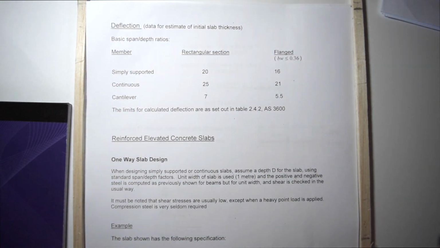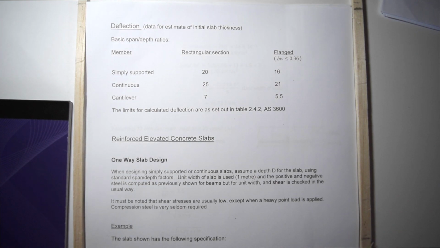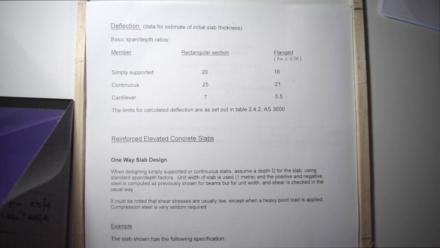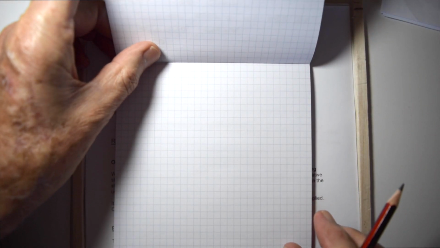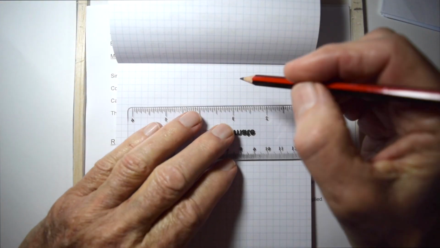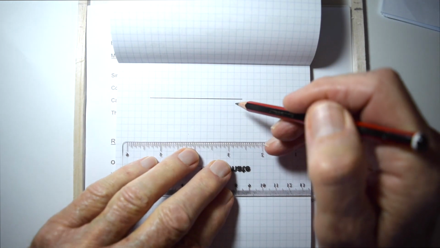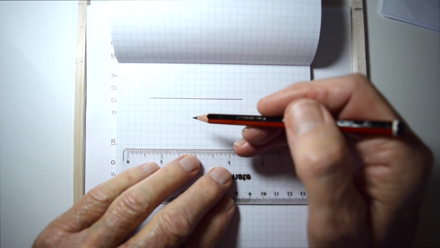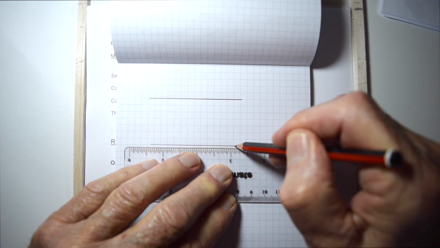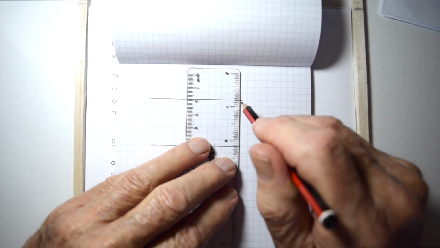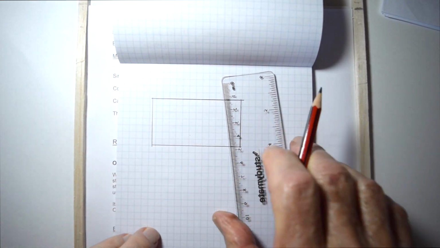We're looking at a one-way slab design today. Next week we'll be looking at two-way slab design, but just to enlighten you regarding one-way slabs, if we looked at a single isolated slab that was supported on four sides, like this, or a multiple series of slabs, each one supported by a beam around the edge, we could classify those as two-way slabs.